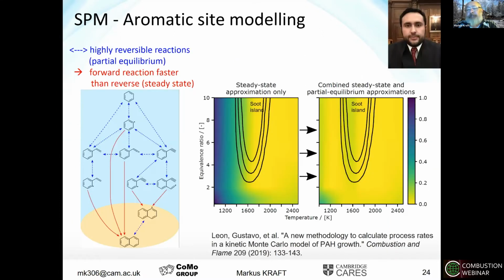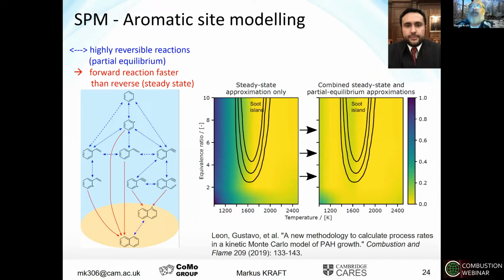But it's clear, if we want to understand what the particles are made of, we have to have a better understanding of the precursor chemistry. Now, the problem with the precursor chemistry is that PAHs grow. And of course, you may all be familiar with the classical Chemkin mechanism format, where each species is formulated as a differential equation, and you have a coupled set of differential equations that describes all the species.